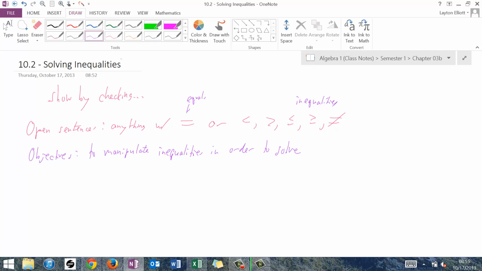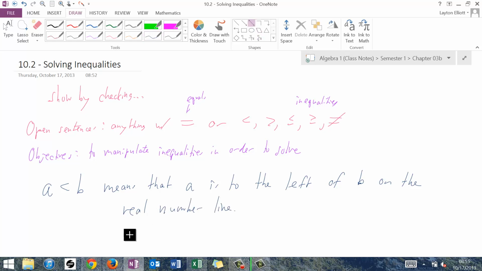So, a few little review items. When I have something like this, it means that A is to the left of B on the real number line.